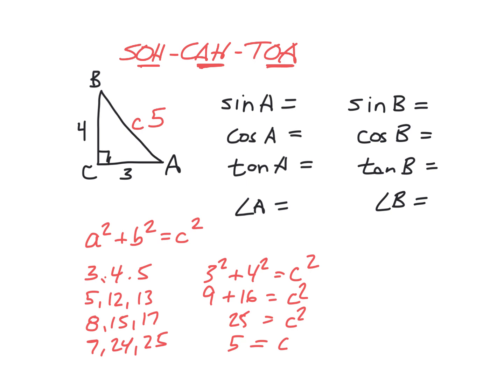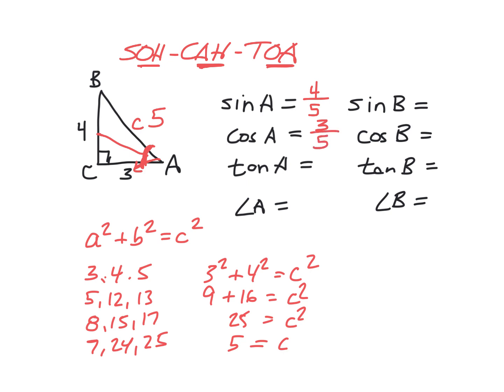Then, in finding the trig ratios for angle A, I'd focus on this angle. Sine is going to be the opposite, which is 4, over the hypotenuse, which is 5. Cosine then is the adjacent, the one lying next to, which would be the 3. So that'd be 3 over 5.